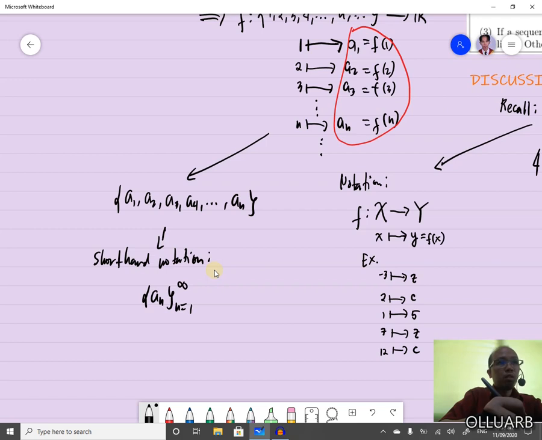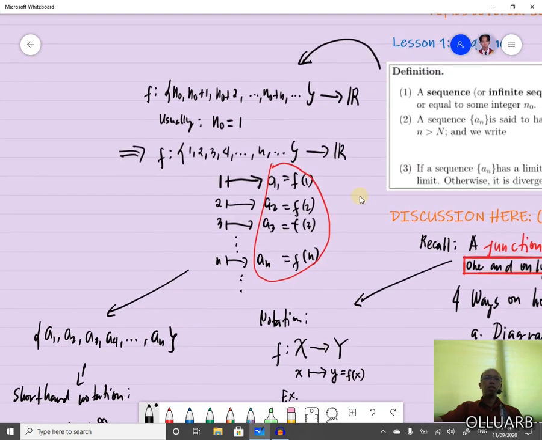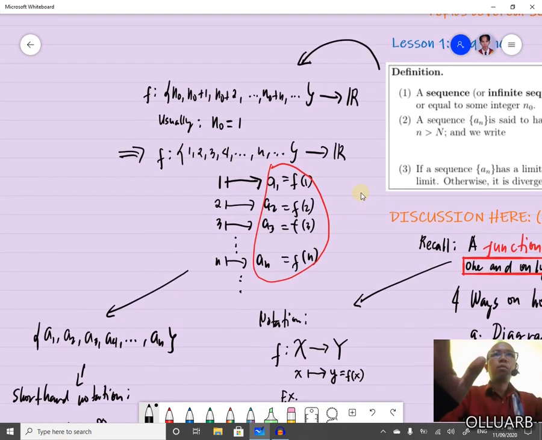If it starts from 0, then you replace this one by 0. If it starts from 2 or 3, then you replace this one, or you can use this notation, n is equal to 1 up to infinity. Okay, so I simplified all the details about the idea of a sequence.